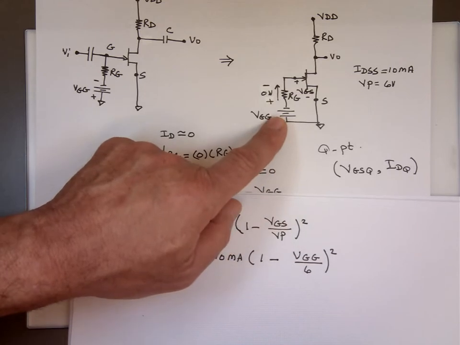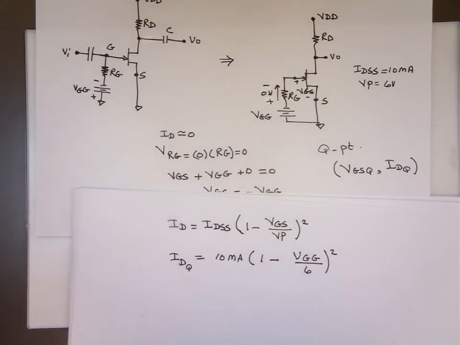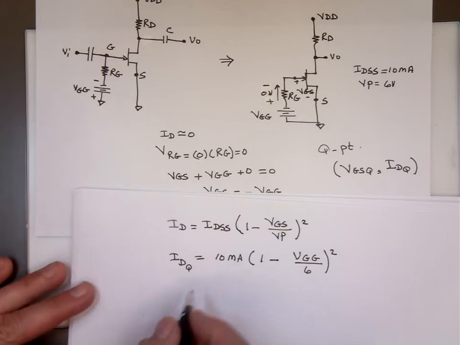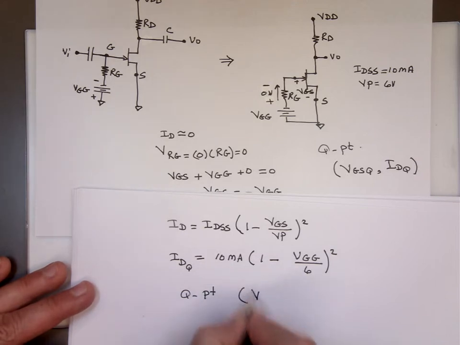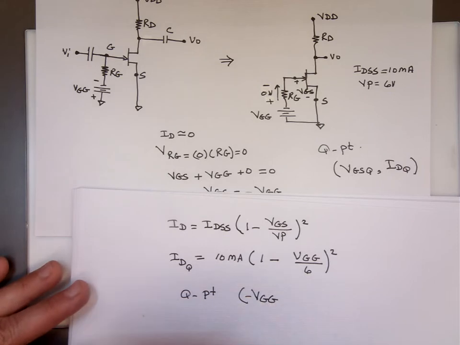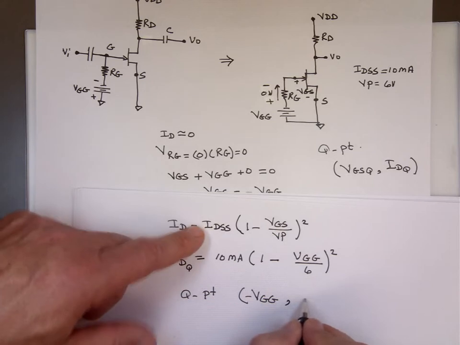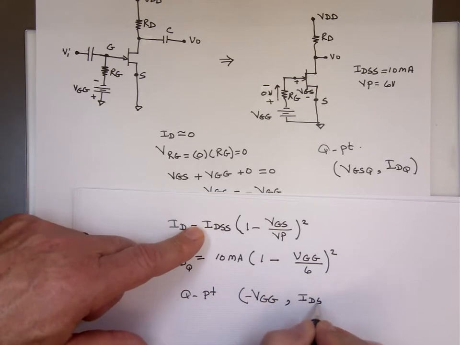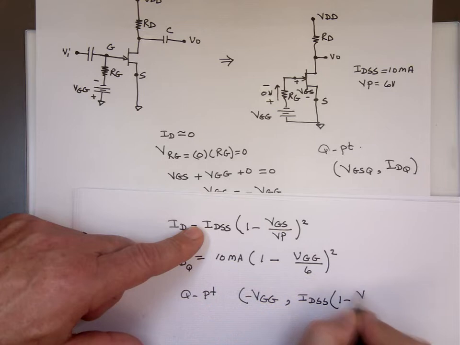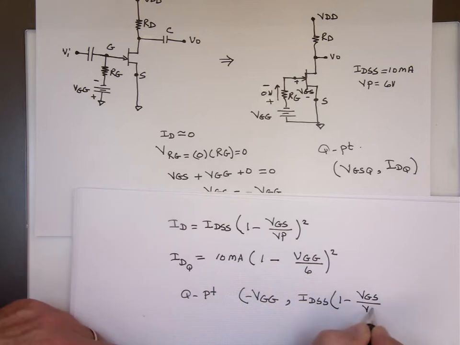So if you tell me what is the value of the source there, I will tell you what that current is going to be. I can't really answer it till you tell me how big your source is. So the Q point of this circuit is going to be negative VGG, that's what VGS is, and the current is I sub DSS, 1 minus VGS over VP squared.